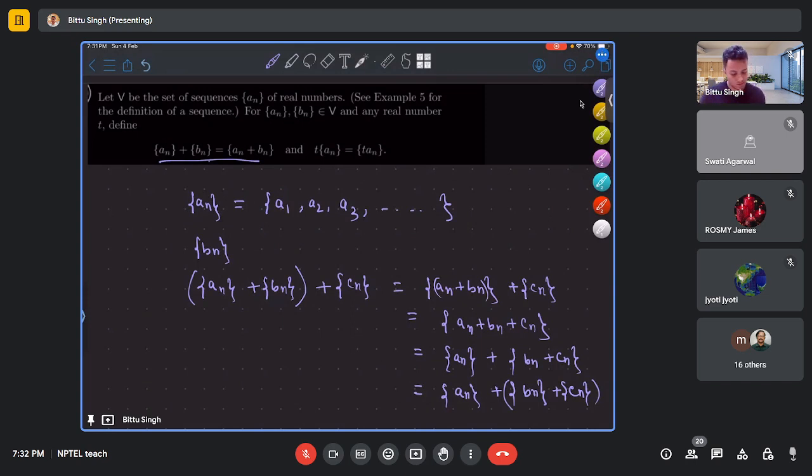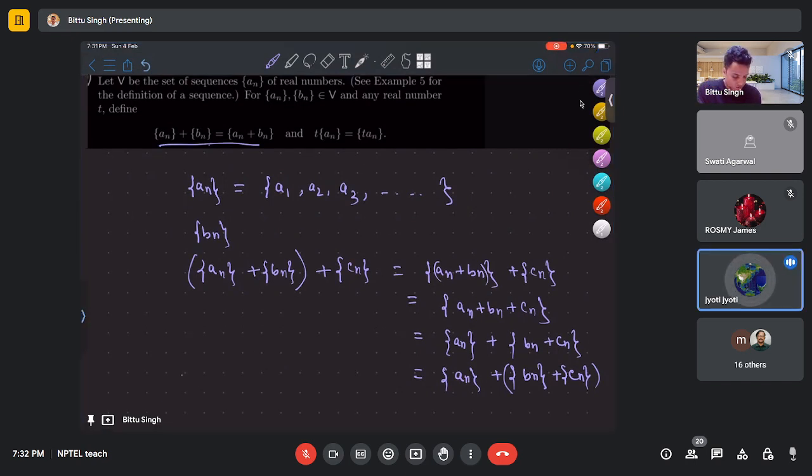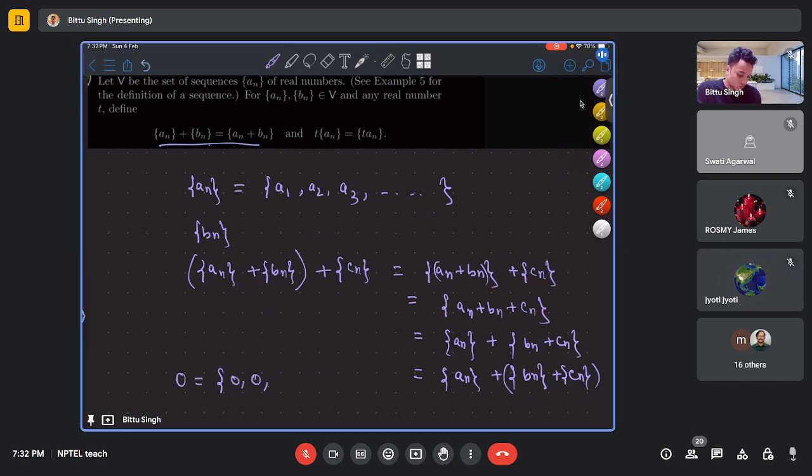Any guess? Yes, sir, 0 will work here for additive identity. Yes. You can take 0 to be this sequence, 0 everywhere. So 0 exists.